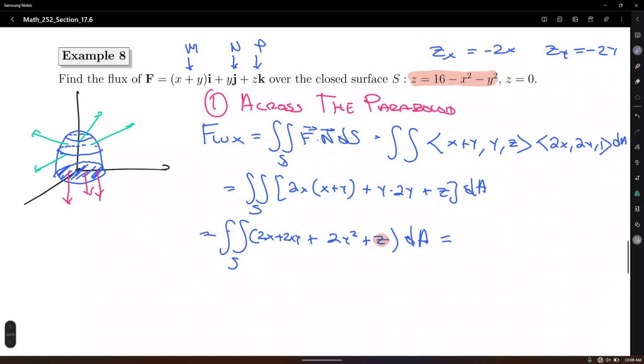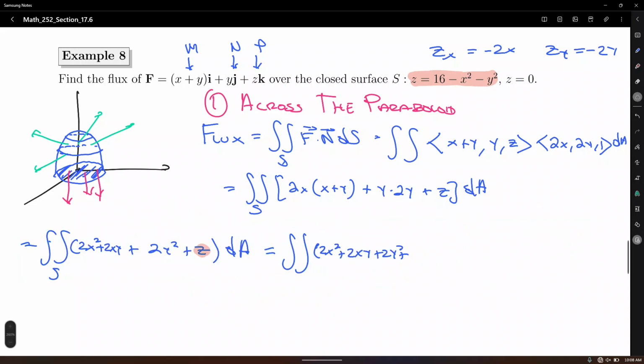So that is the double integral of 2x squared plus 2xy plus 2y squared plus z, which is 16 minus x squared minus y squared, dA. You know what? Let's stop here.